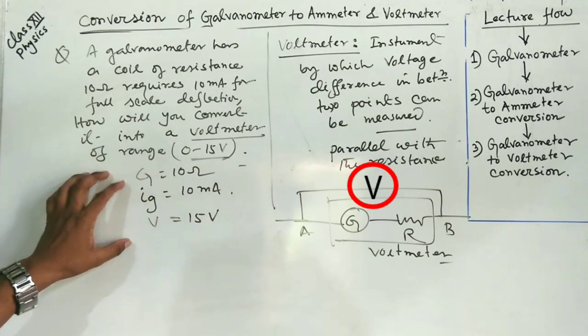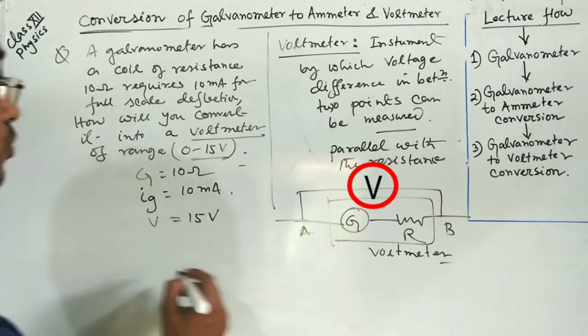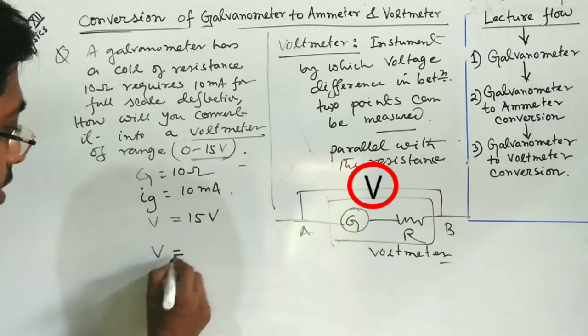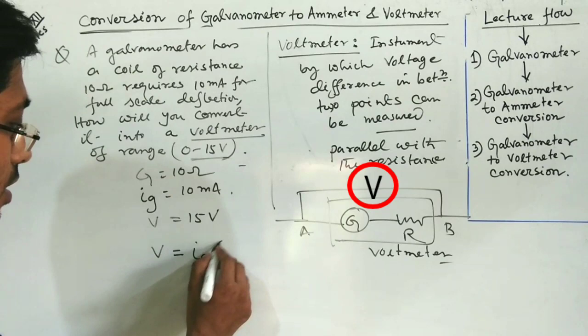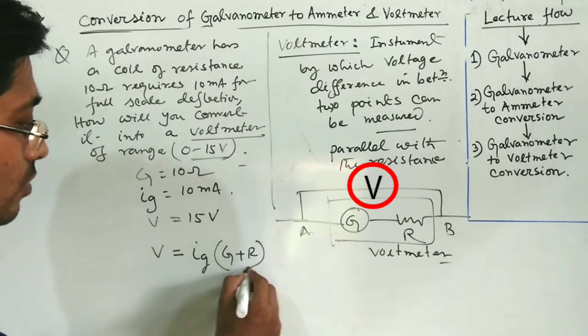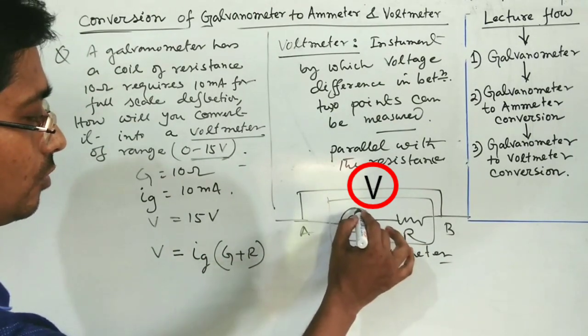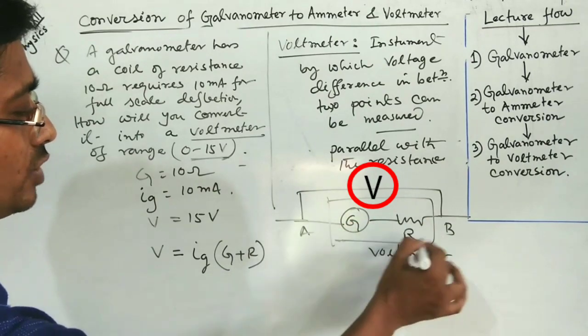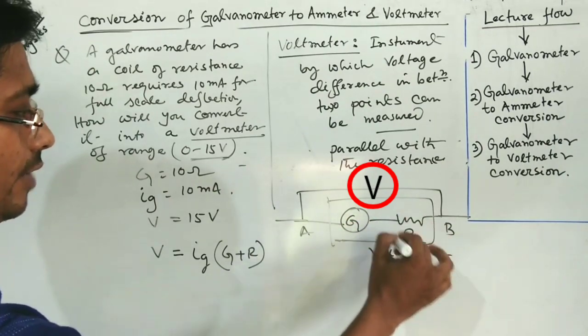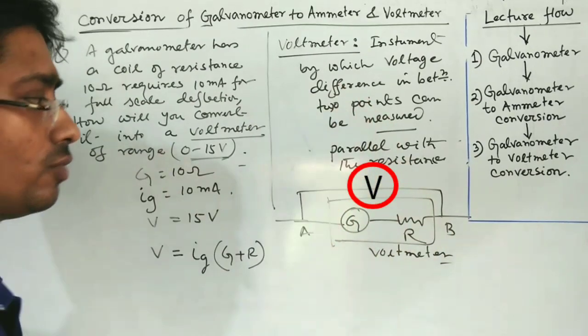We have the formula V is equal to Ig into G plus R. The same current will flow in this circuit. As the galvanometer resistance itself is very small, we attach one heavy resistance with it. If a heavy resistance is attached, then the voltage drop will be greater.